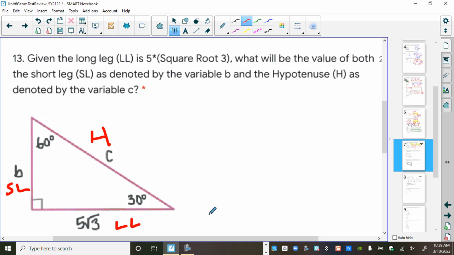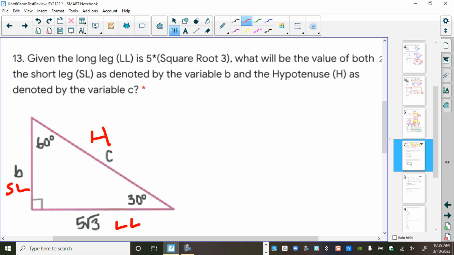Okay, now, here's what we're going to do. Well, we have two options. Well, what might be the easiest to find right away?